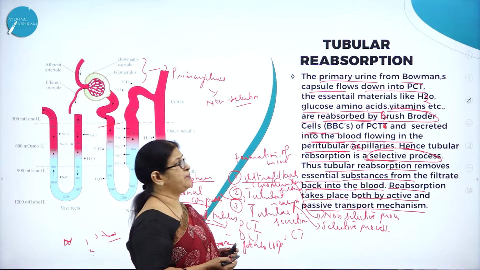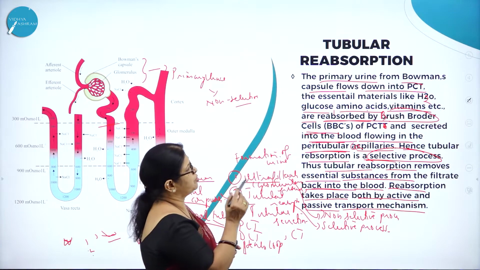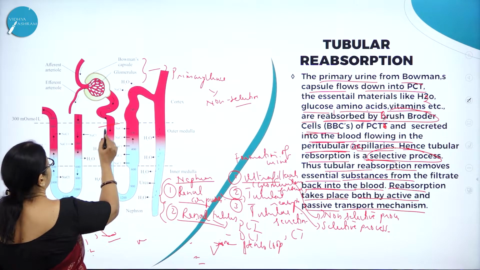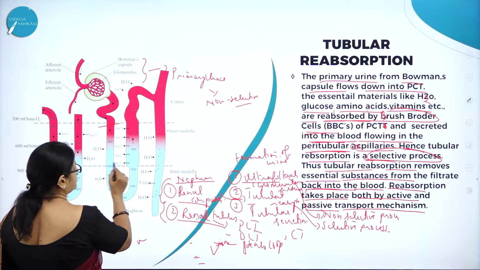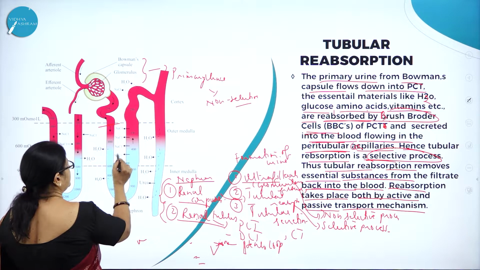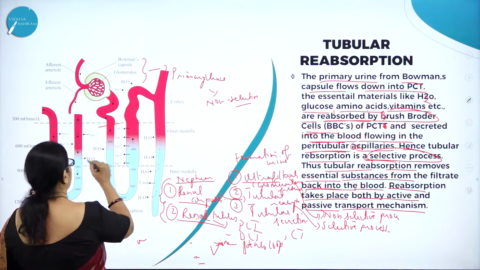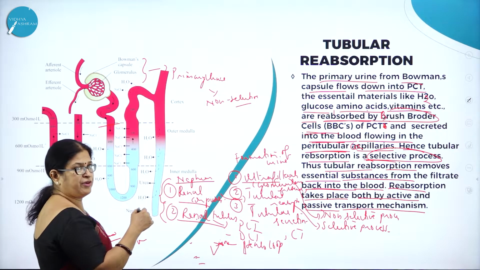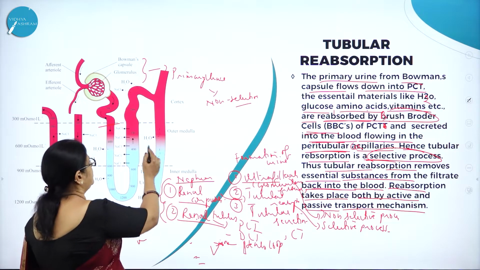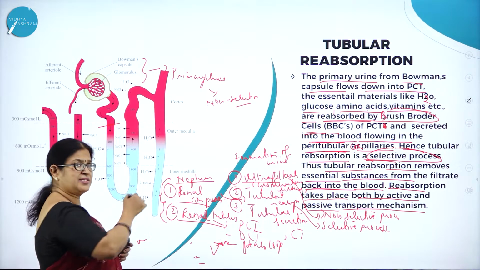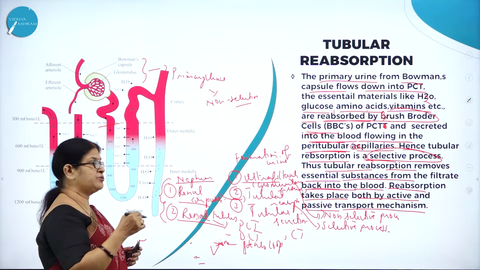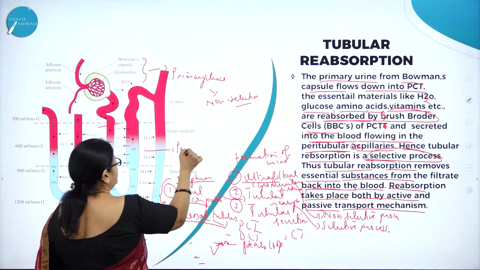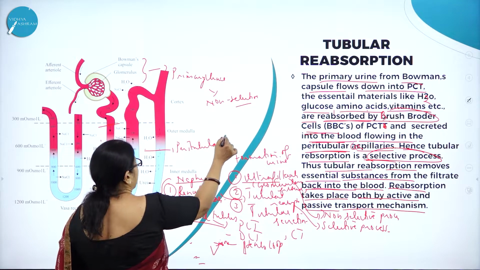So what is tubular reabsorption? The primary urine from Bowman's capsule flows down into the PCT. Here you can see how the important nutrients are reabsorbed. The arrow marks show the important nutrients going back to the peritubular blood capillaries.